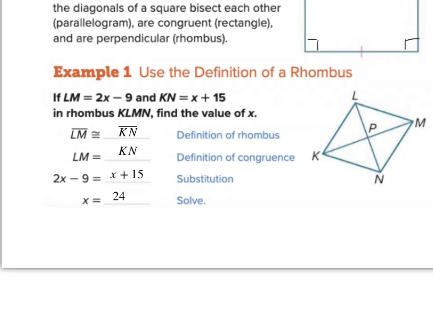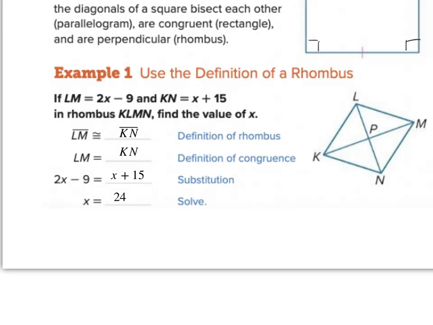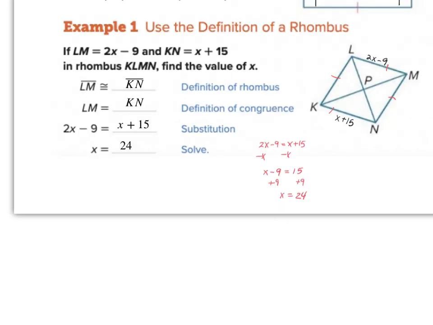So looking at my image, LM is 2x minus 9, and KN is x plus 15. Well, part of that rhombus is we know that all sides are congruent. So I know I can make LM congruent to, or equal to, KN. So that's what they've done, making those two things equal.